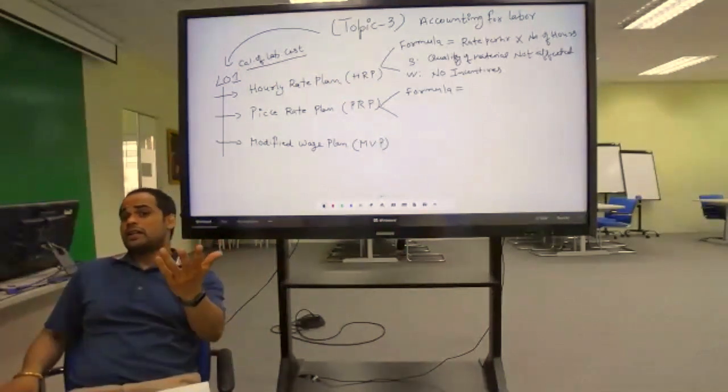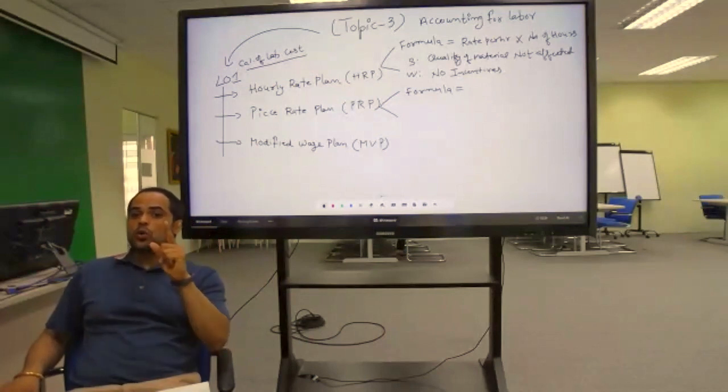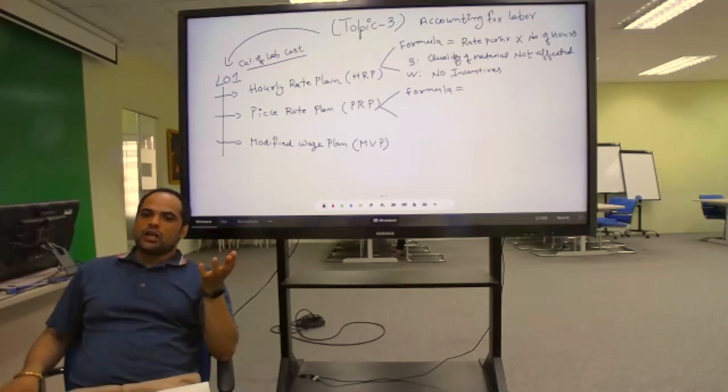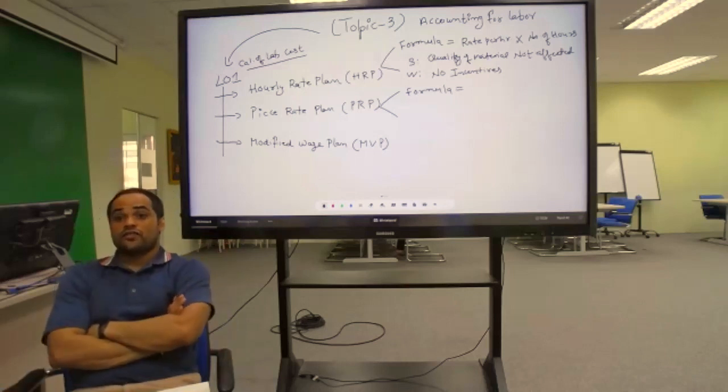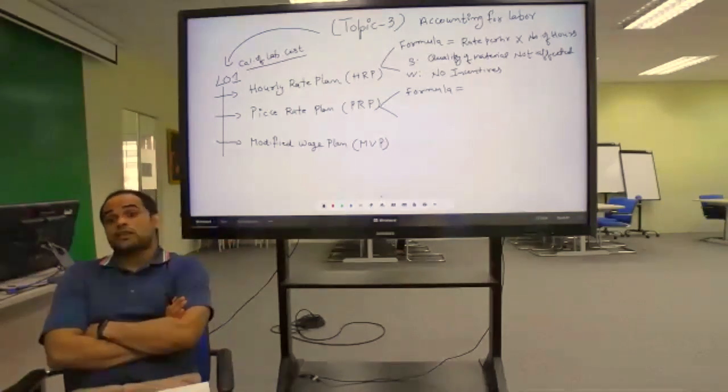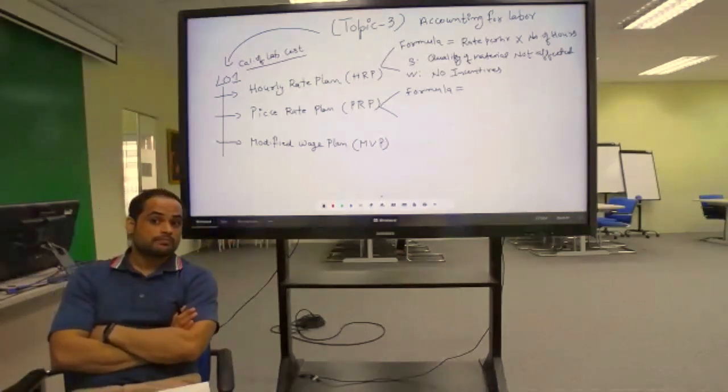For example, the company decides to pay $50 per product, and in one day the worker makes two products. So 50 multiplied by 2, $100, is the labor cost.